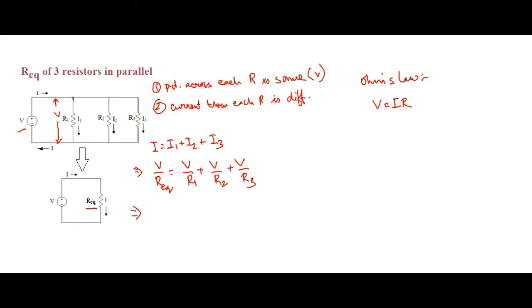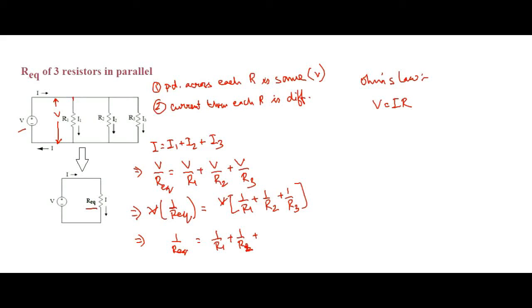Now I can rewrite these equations by taking V outside on both the left hand side and the right hand side, and I get the equation like this. Now I can eliminate V from both sides, and that gives me the equation to find the equivalent resistance for the three resistors that are connected in parallel.